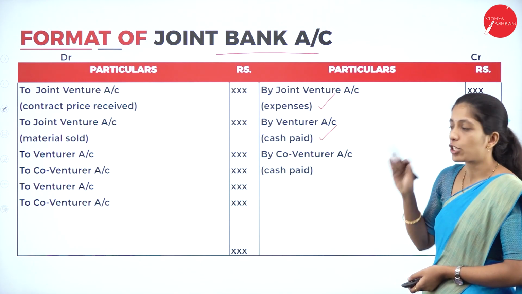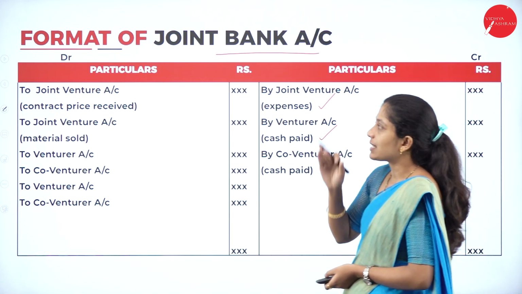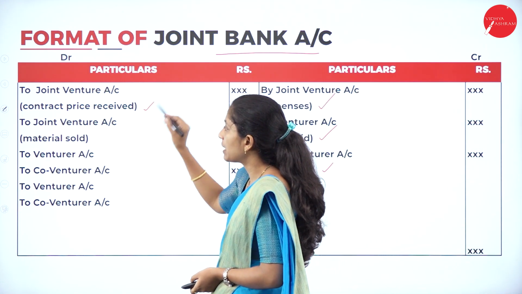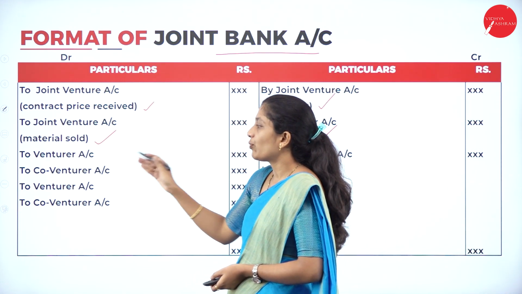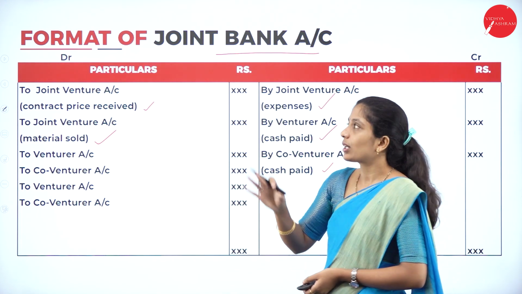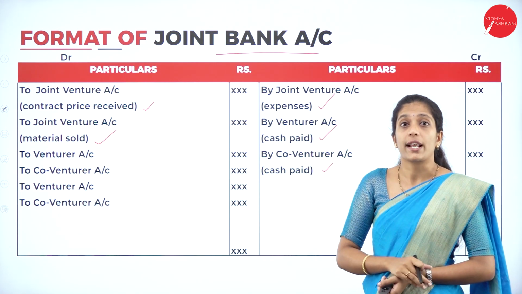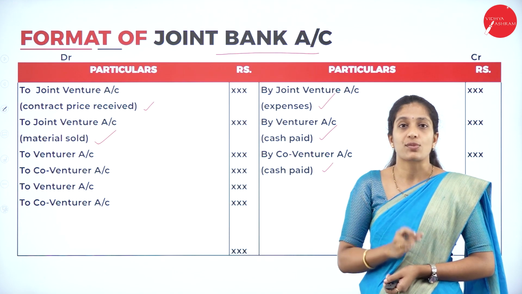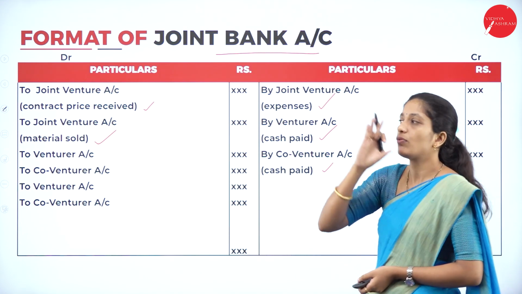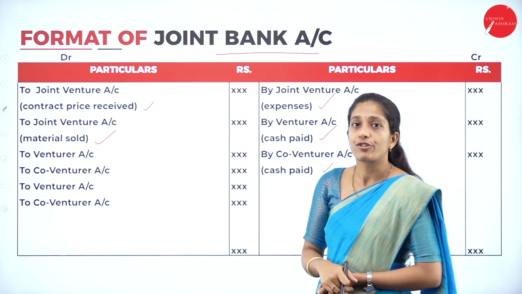Next, any cash paid by the co-venturer. Whereas on the debit side, contract price received, material sold, and if any income is received by venturers as well as co-venturers. Whatever entry you have already recorded in joint venture account as well as co-venturers account, the same will be transferred to joint bank account. So this is the format of joint bank account.